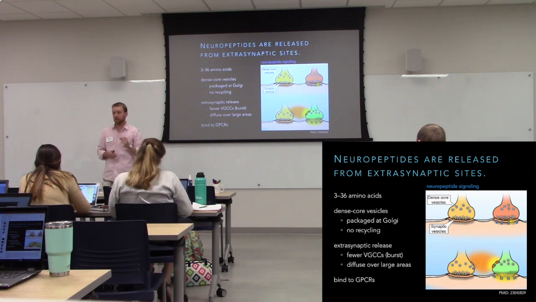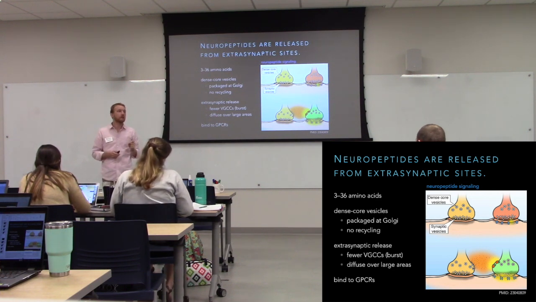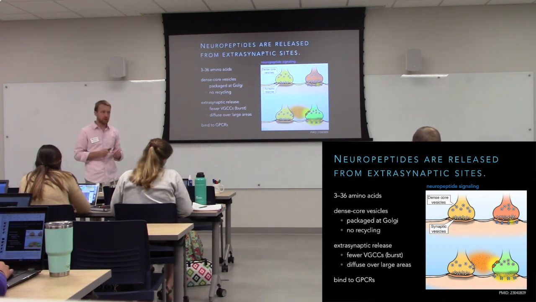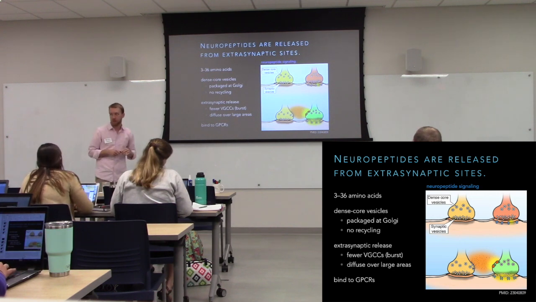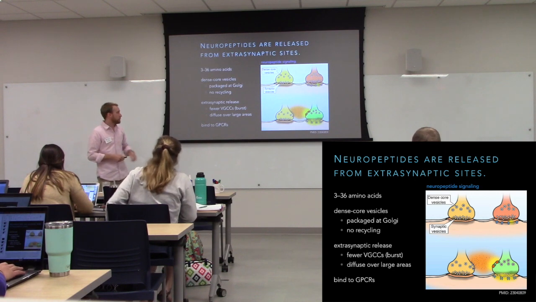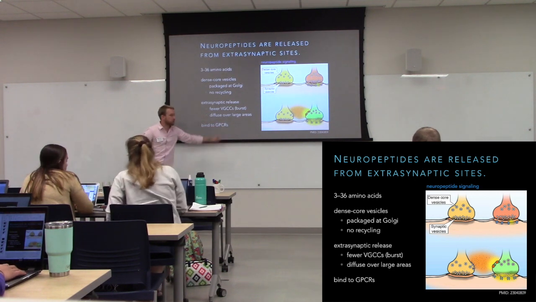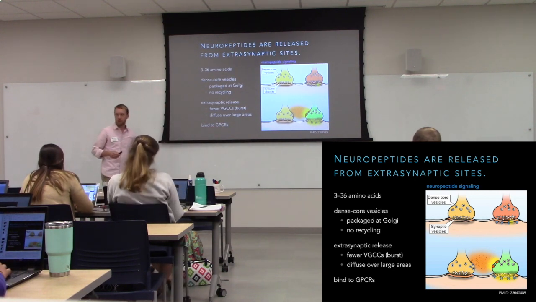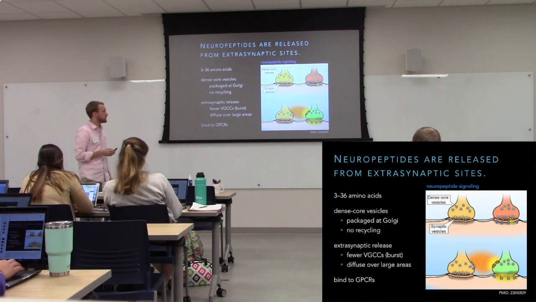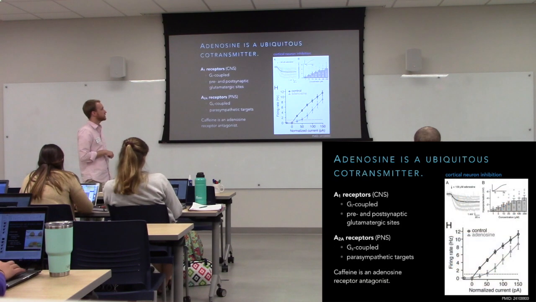They're not going to generate fast synaptic currents. They're going to generate slower, more long-lived changes in cell function. So they're going to affect metabolism, if you will. That's why we call them metabotropic. A better term for that would be G-protein coupled receptors. Again, next lecture. Let's not overcomplicate this.